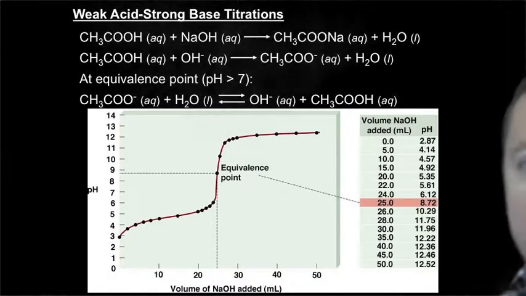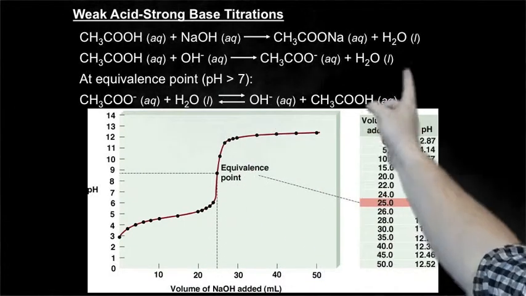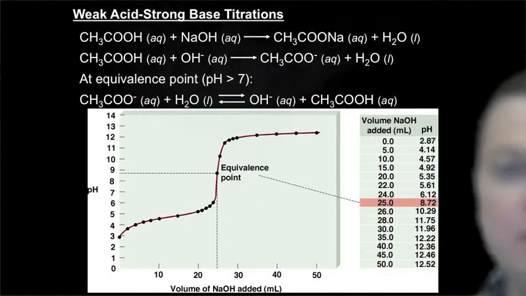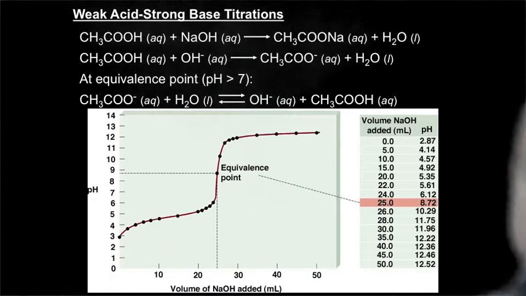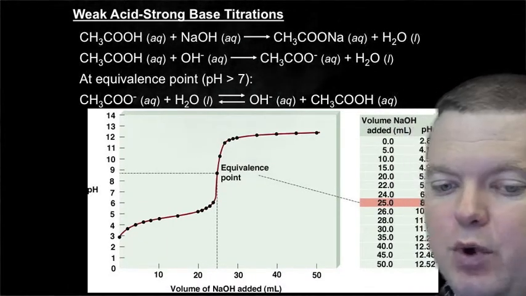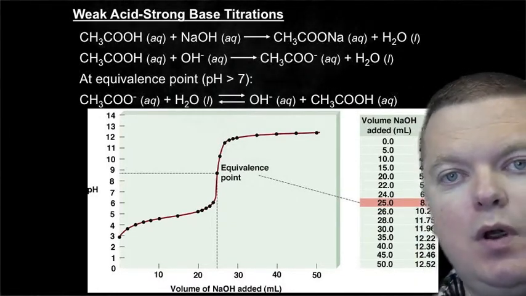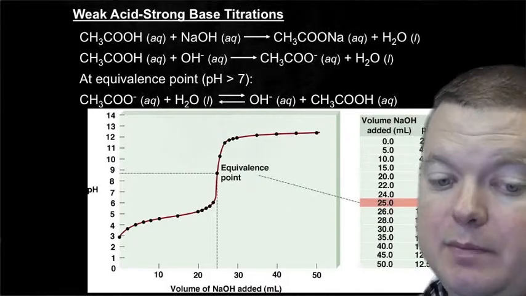It's going to be at some other pH because it's going to be determined by how much of this extra acetate ion, which is also pH affecting, that we have left at that equivalence point. So the acetate ion is a weak base, so the equivalence point pH is going to be basic.